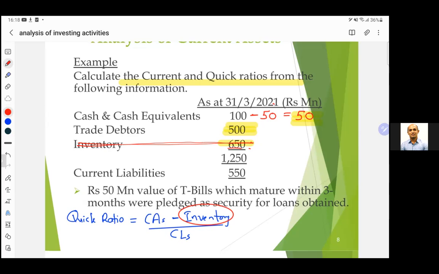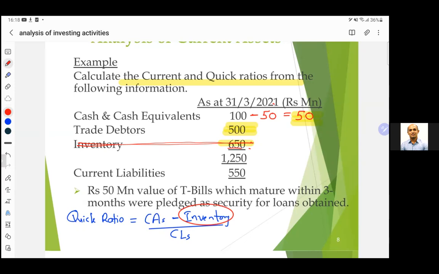Such slow moving inventory items have less liquidity, and you can eliminate only those. Now that's why I'm telling you, you should logically see a ratio before the calculation.